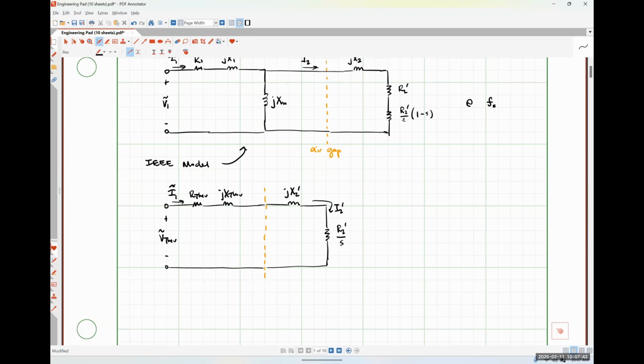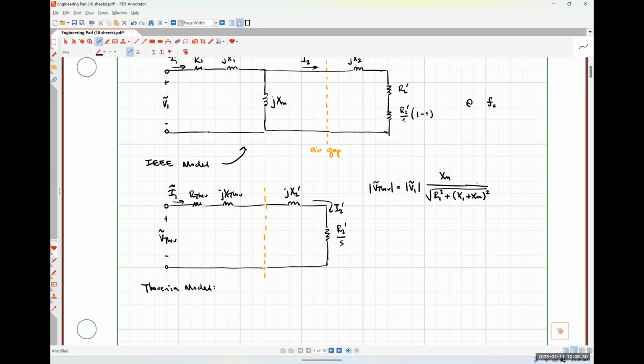And just for the sake of argument, real quick, what we found for this Thevenin model, and let me label this guy real quick, was that our Thevenin voltage magnitude would be the magnitude of V1 times XM over the square root of R1 squared plus quantity X1 plus XM squared.